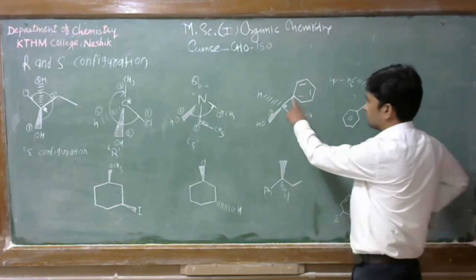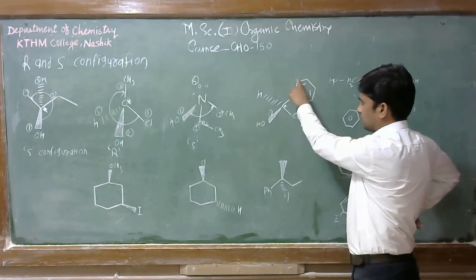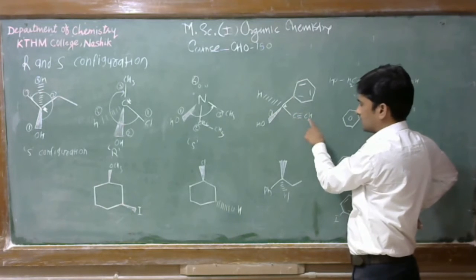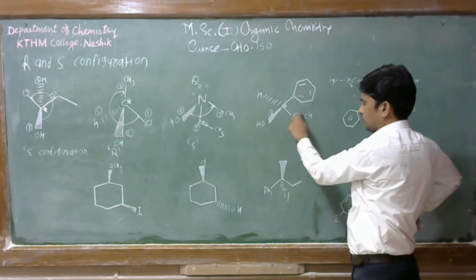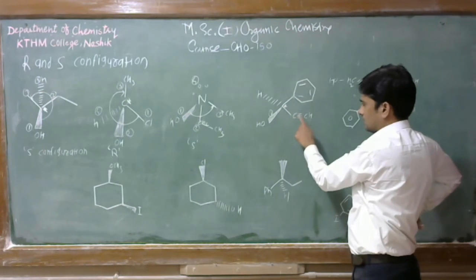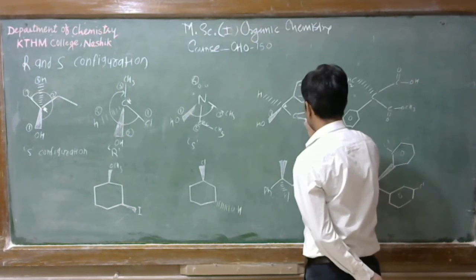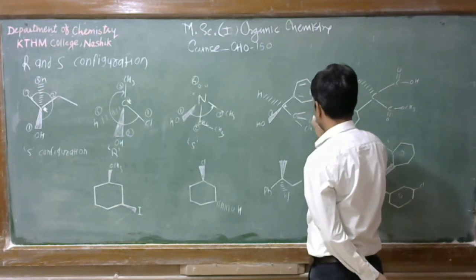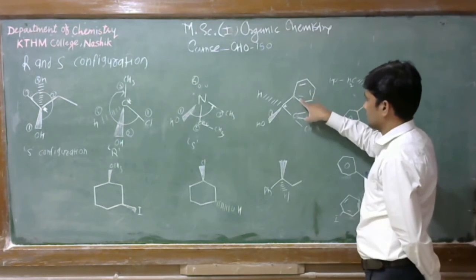Now see here, this carbon is attached to these 2 carbon atoms, and this carbon is attached to a single carbon atom by the triple bond. But here, if we multiply the group, then we can write that this is attached to the 3CH group, and this is attached to again 3CH group.